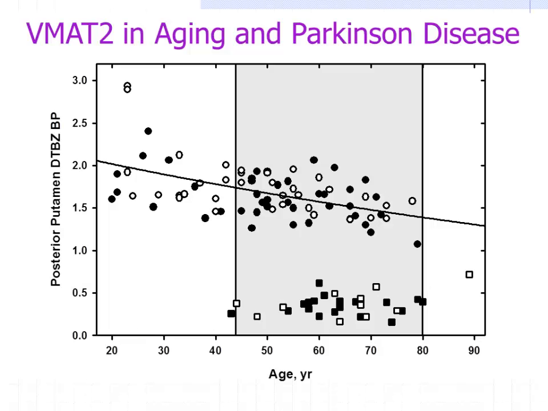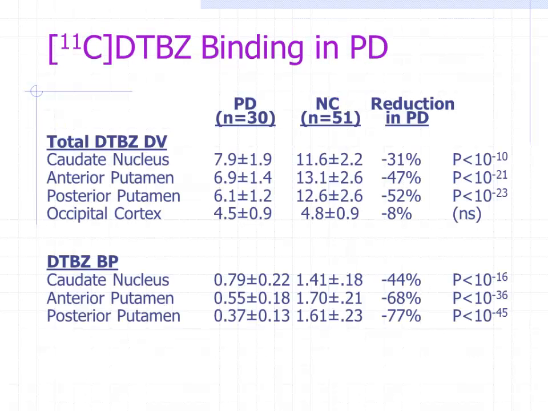I've shown you this as well, but here's the quantification now of binding in 30 patients with Parkinson's versus similar age normal controls. And these values on top show the binding relative to arterial blood.